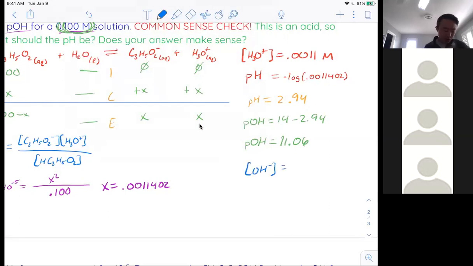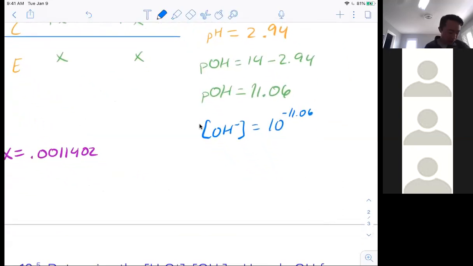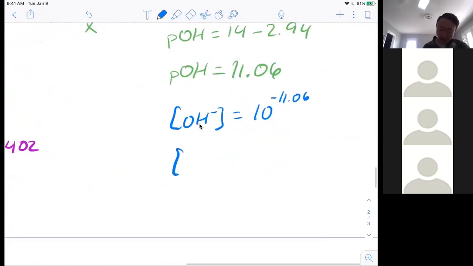It's going to equal, I think, 10 to the negative 11.06 power. And so if I solve for that 10 to the negative 11.06, I get a crazy funky number that looks like this for the OH minus concentration. It looks like 8.71 times 10 to the, oh, that's 3 sig figs, 7 times 10 to the negative 12th molar, okay?